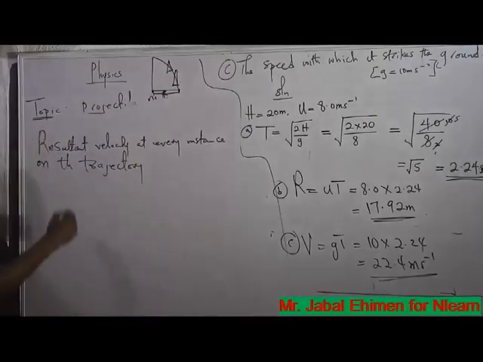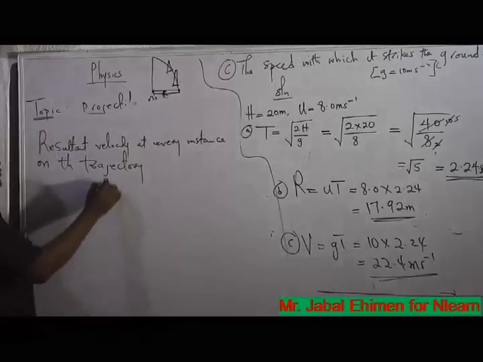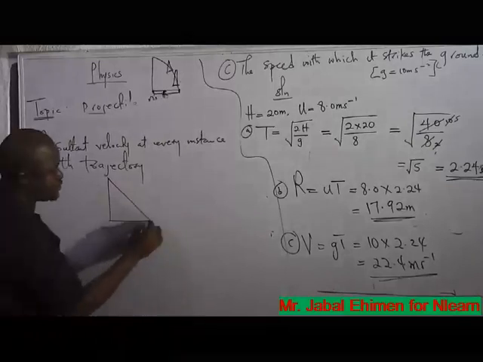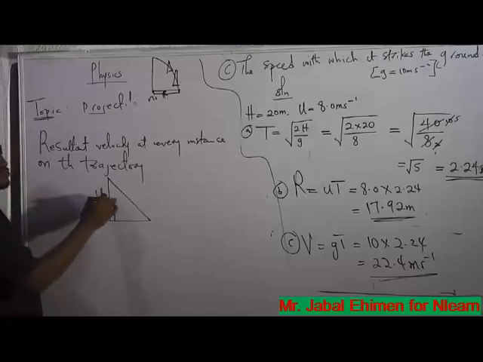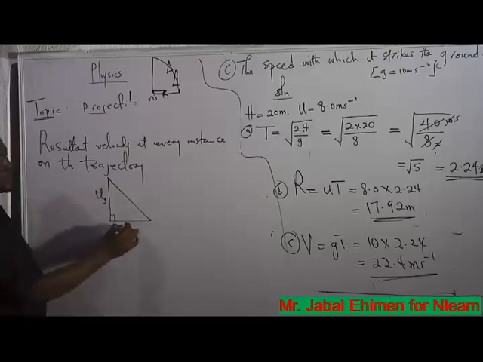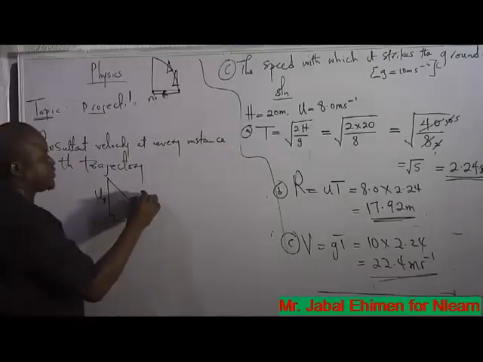You observe that at every instance you have a right-angle triangle-like structure where here is Uy, and you have Ux. Now the resultant velocity is obtained from here.